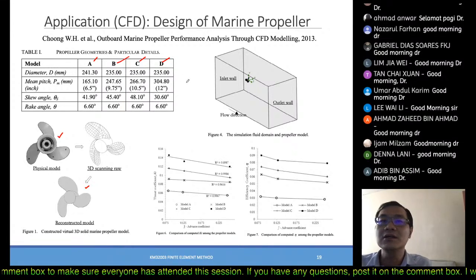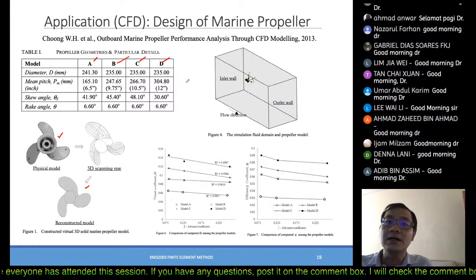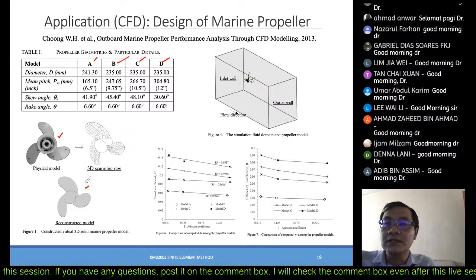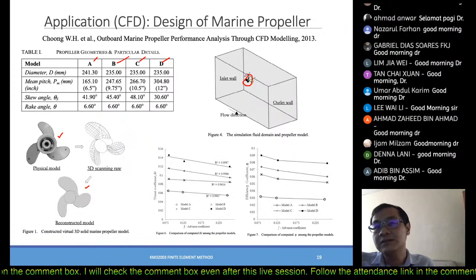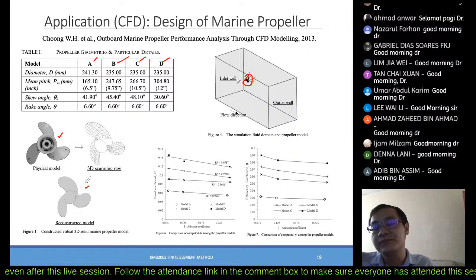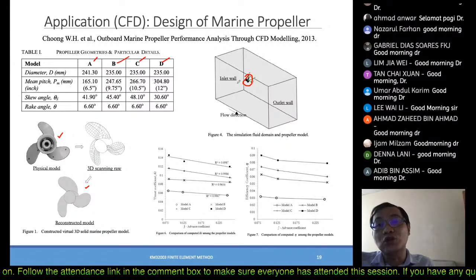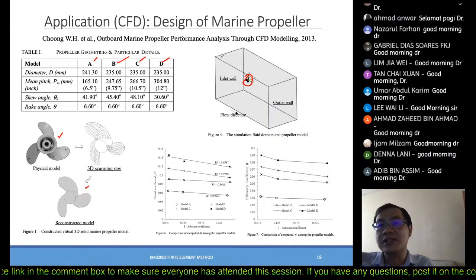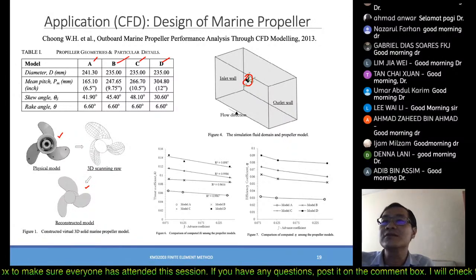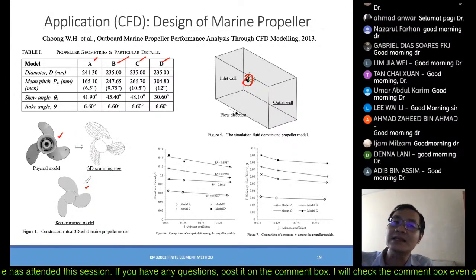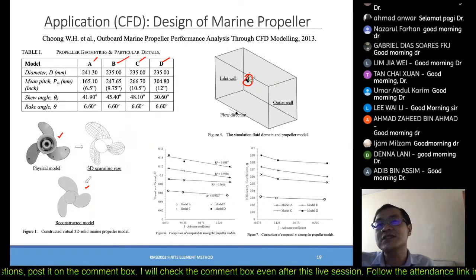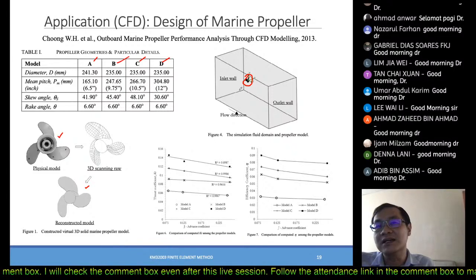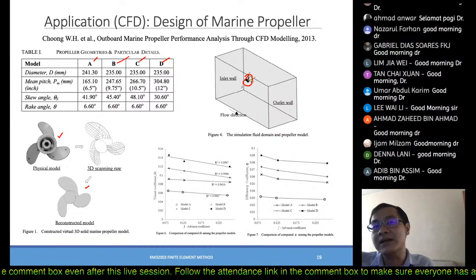What he does is put the propeller in the middle, and this is, as I said, the control volume, where the fluid is actually moving, because it is inside the sea. It should be large enough such that the effect is not disturbed by the boundary conditions.